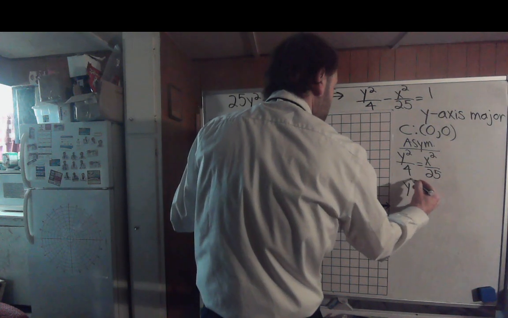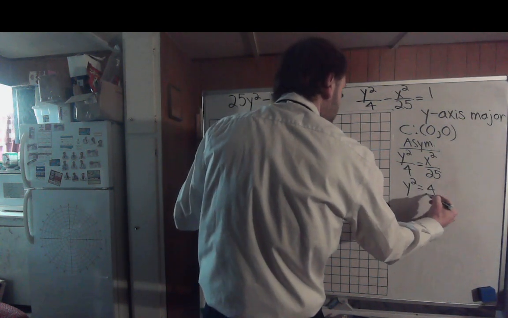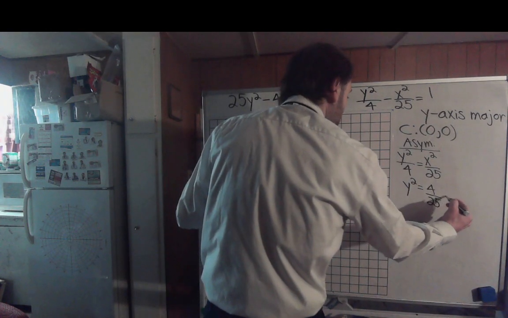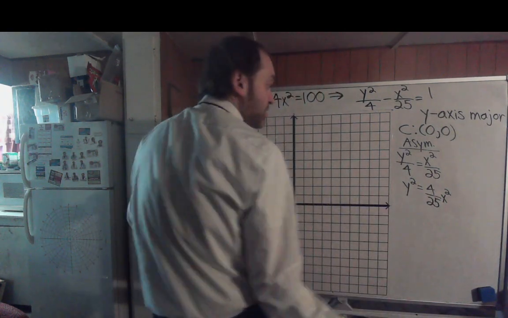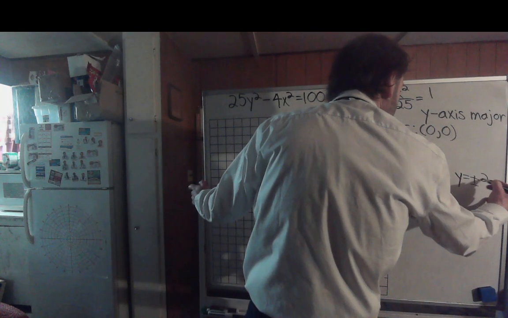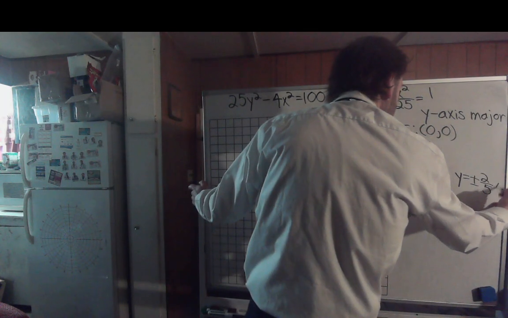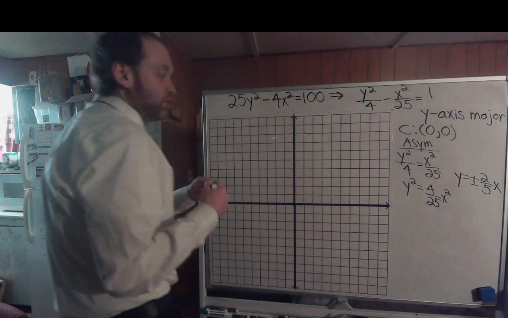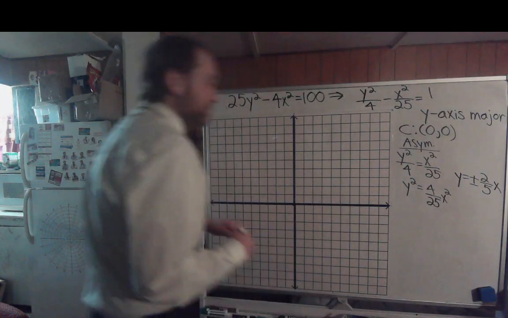So y squared equals 4/25 x squared. So that means you have two slant asymptotes of y equals plus and minus 2/5 x.